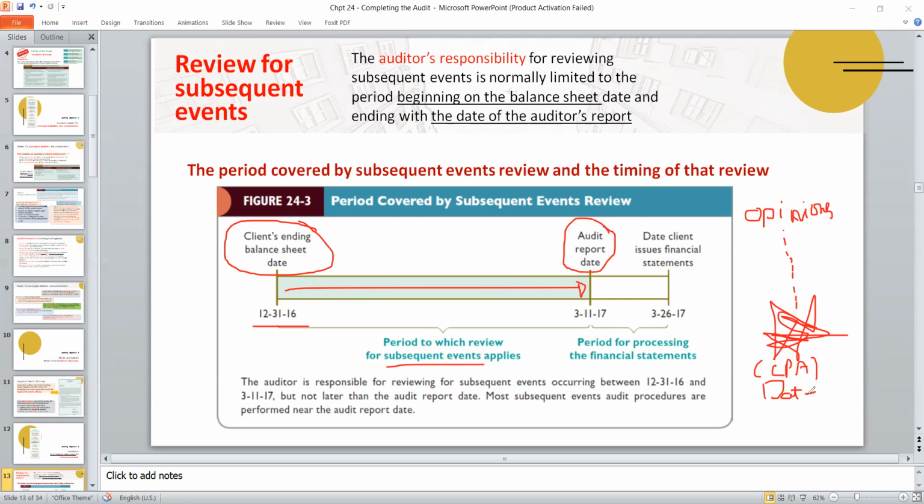This date is the audit report date. For subsequent events, you need to review what kind of events happen here. All events likely to affect the financial statement, you need to disclose.